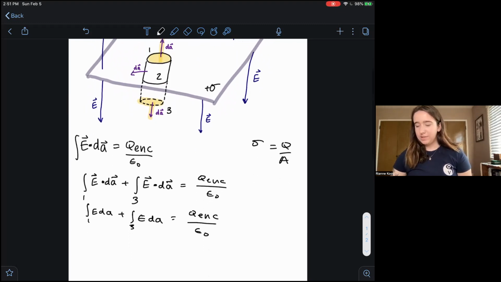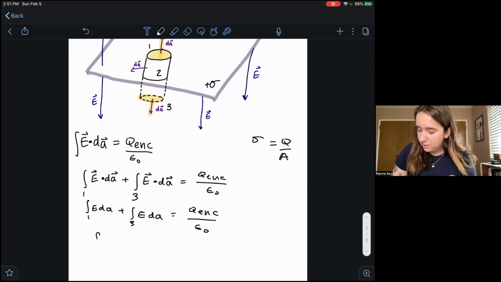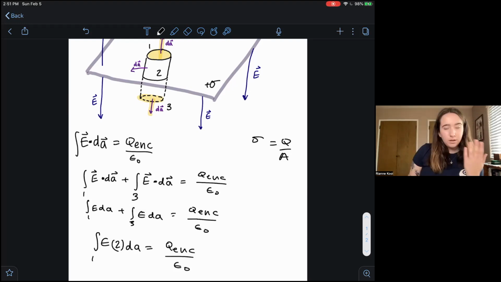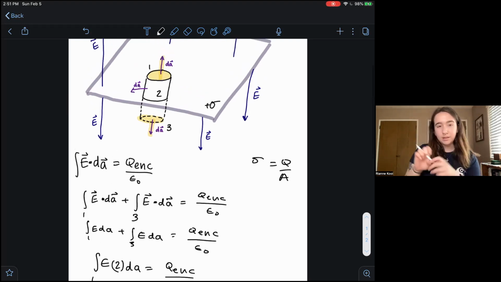So really what this is, is E times 2 dA of region 1. The reason is that we can recognize that the top circle and the bottom circle are the same. So it's just two of those circles with the same electric field.